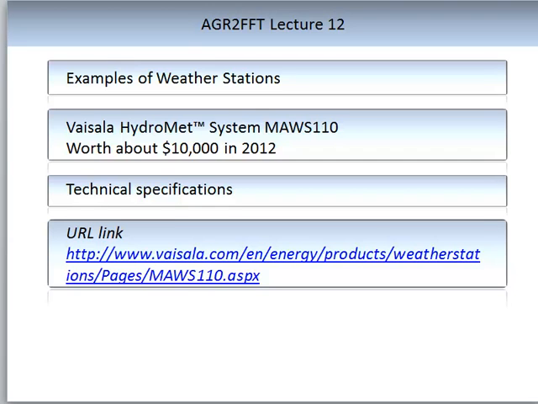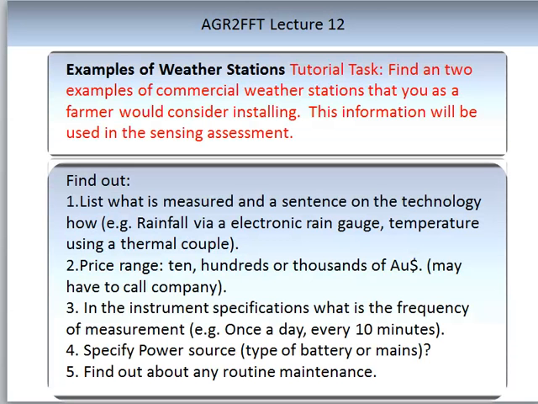You need to match all these technical specifications with your area, and ensure that the weather station you are going to use is suitable for your geographical climate or communication abilities and areas.